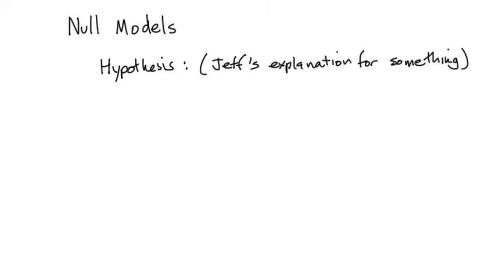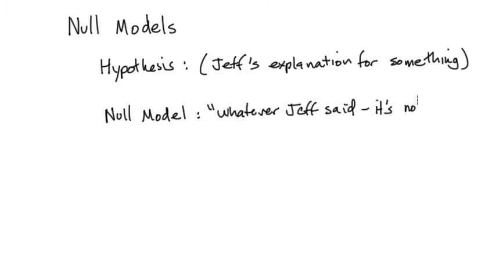Then we ask whether or not the observations we make are consistent with it. Now, this is going to sound weird, but in order to demonstrate support for our hypothesis, what we actually must do is to demonstrate that our observations are not consistent with what we would expect if our model is wrong. The hypothesis stating, whatever Jeff said about the natural world, that's not true at all.